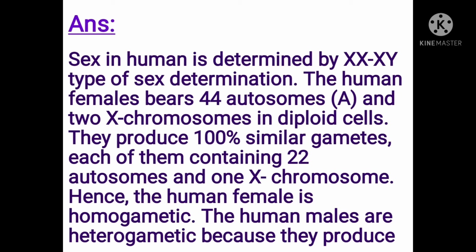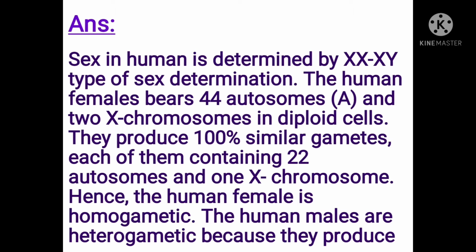The human female bears 44 autosomes and 2 X chromosomes in diploid cells. They produce 100% similar gametes, each of them containing 22 autosomes and 1 X chromosome. Hence, the human female is homogametic.